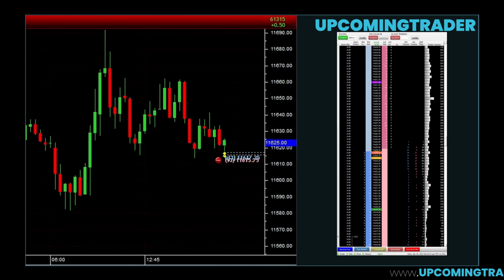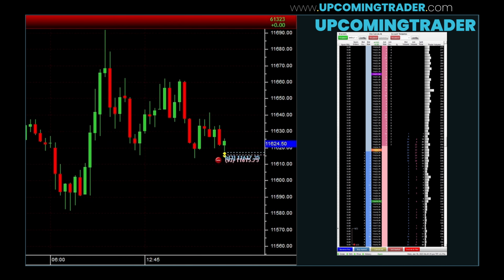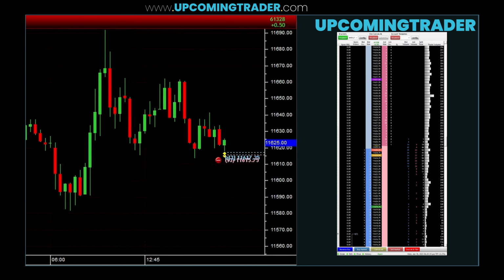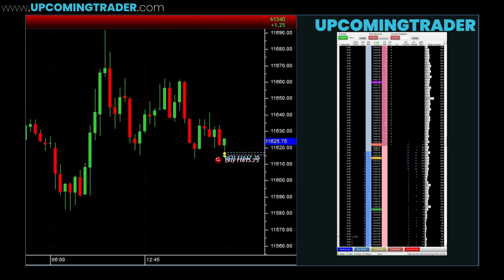These spikes can be followed by either continuation or reversal, depending on how the market participants react after the initial surge. Monitoring how the price behaves after the spike can help traders gauge whether the move was a genuine change in market sentiment or an overreaction that is likely to be corrected.